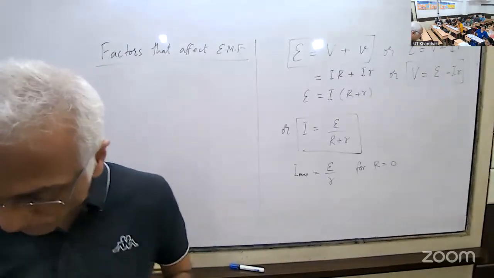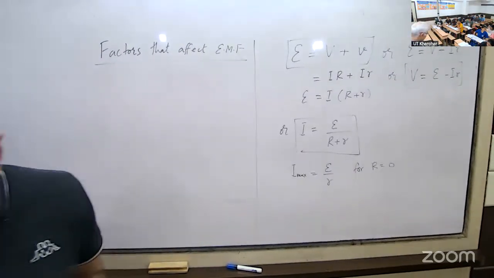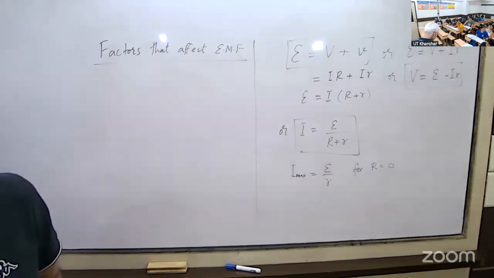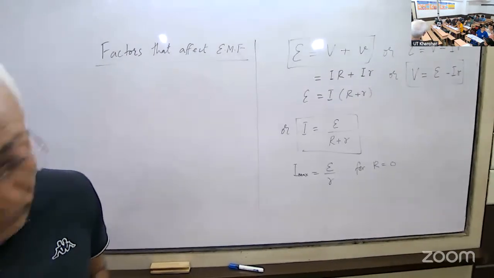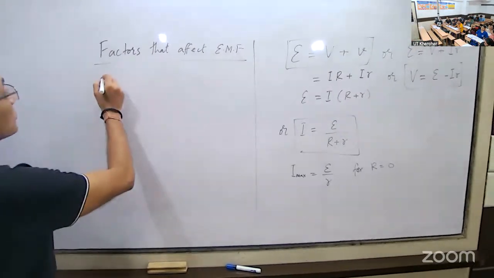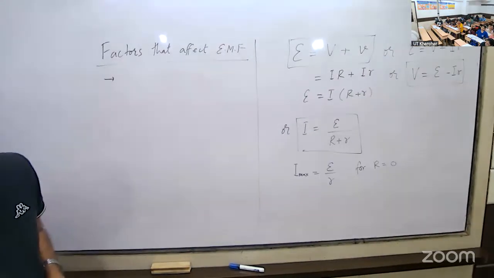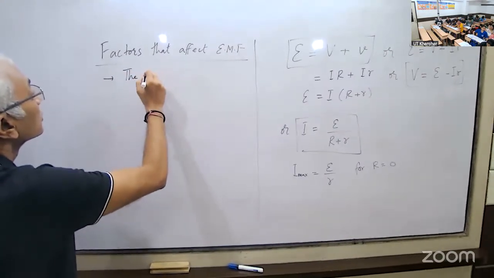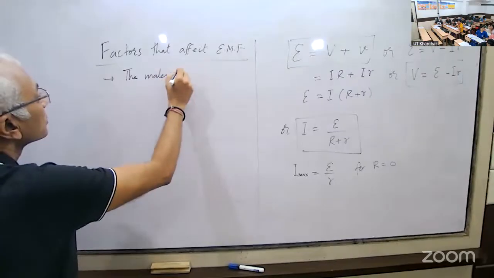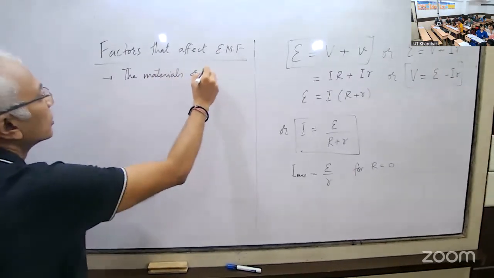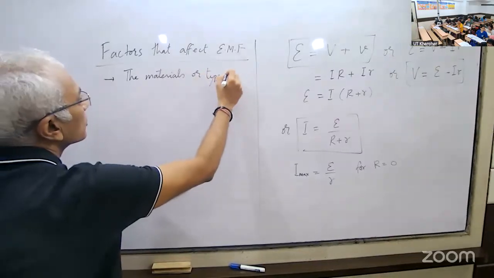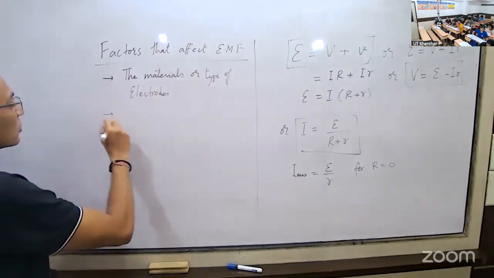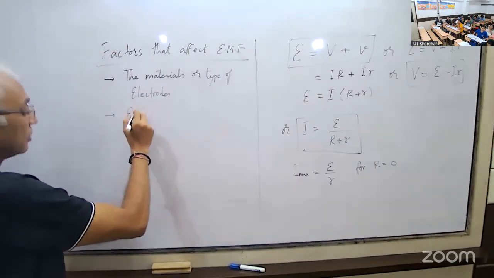Tell me, what will be the factors that will affect? So it is basically the materials of the electrodes, the material or type of electrode, and the type of electrolyte.